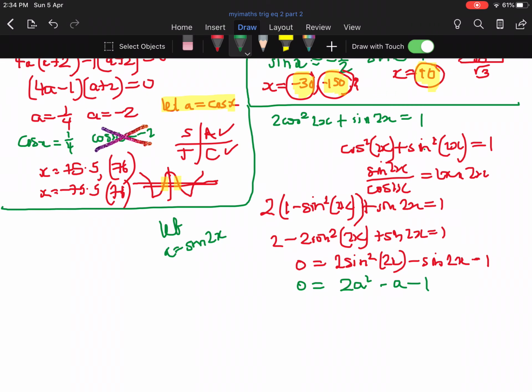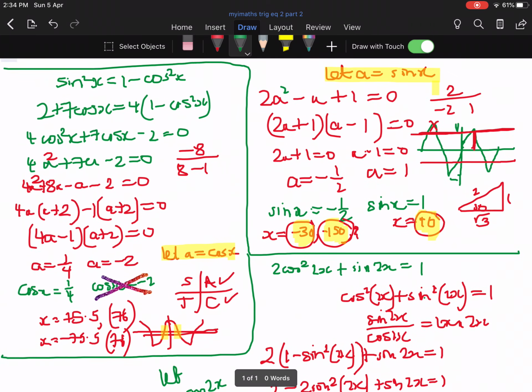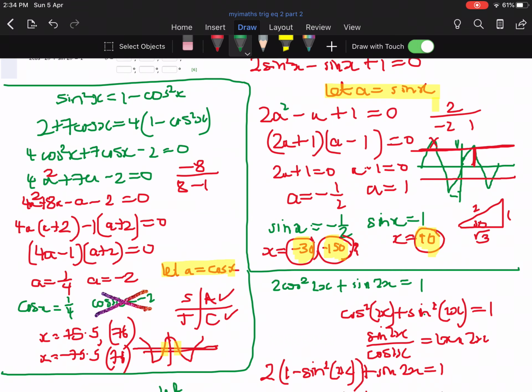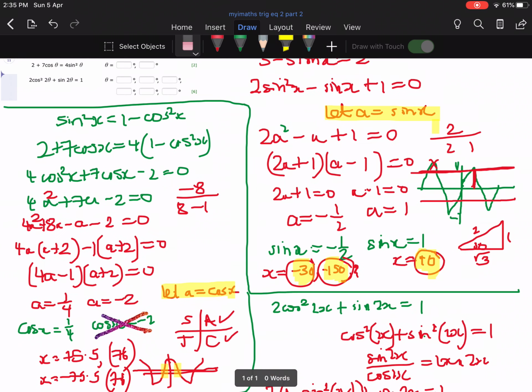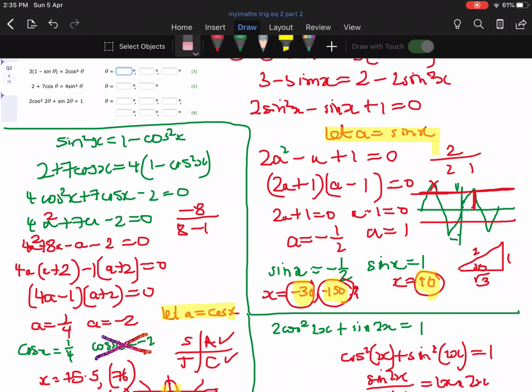This one's minus 1. So that means I've actually made a mistake up here, just looking at this. If that's plus, then that should have been negative 2. What multiplies to give 2?